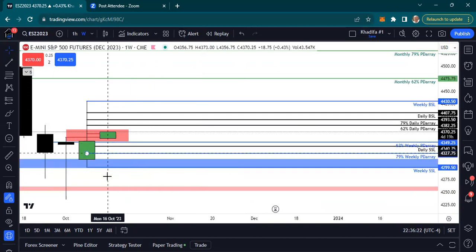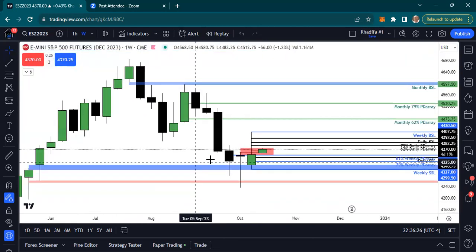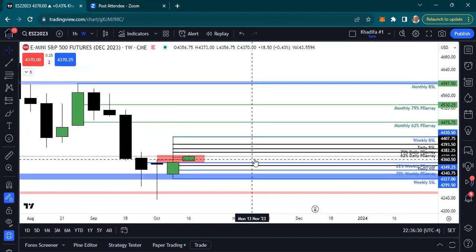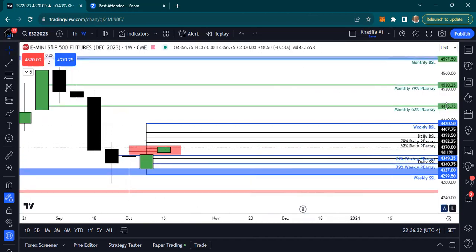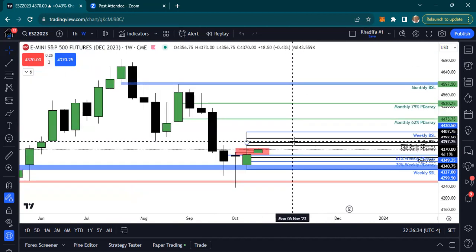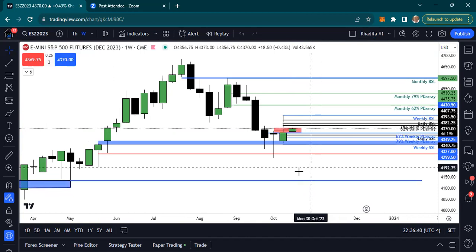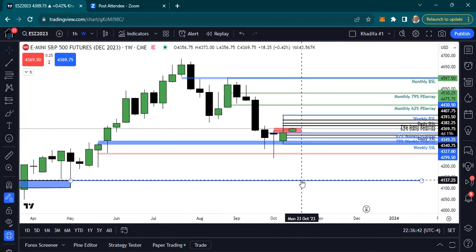And then use those levels as inverse PD array levels to short ES to the downside, down to my sell side liquidity target at 41.34. I'm not saying we're going to get to 41.34 this week. It may take us a couple of weeks to get there, but that's where my overall target is as far as draw on liquidity.